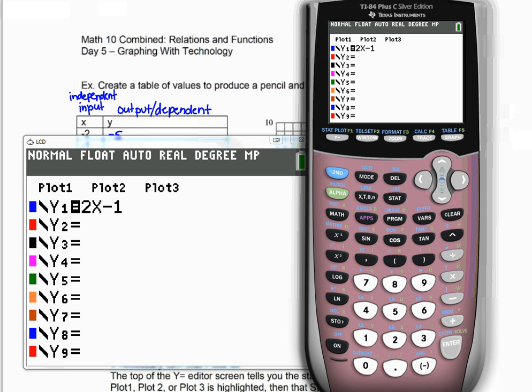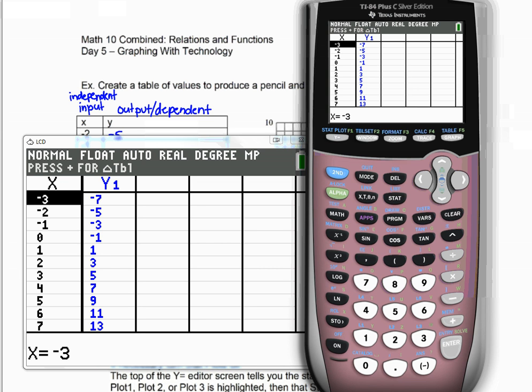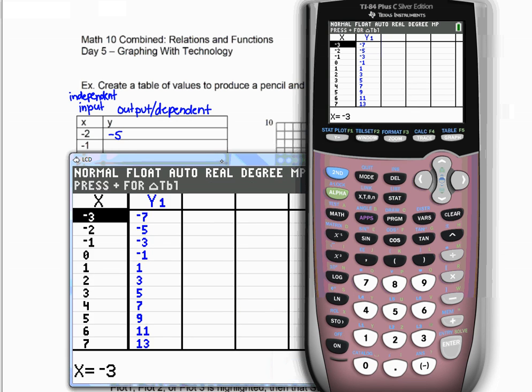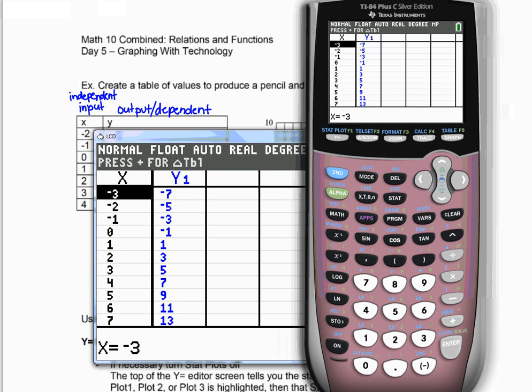So where do you see where table is? Look where graph is. Graph is the top right button. So second, table. You have to push second, graph, and if you push second graph, it'll take you to the table of values. And here you are. -2, you can see, is -5.